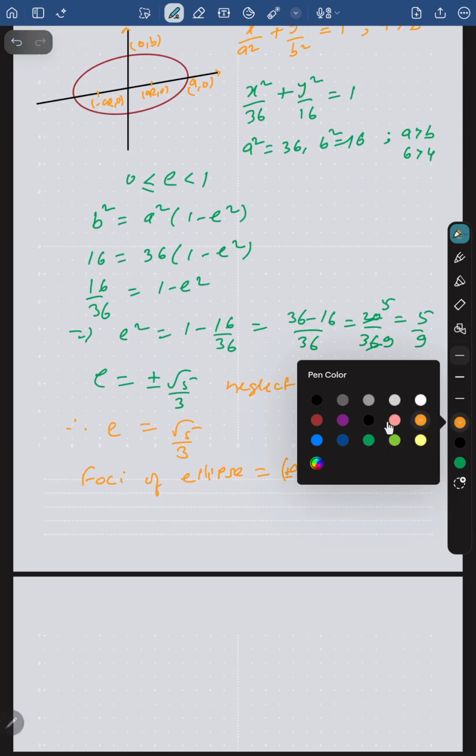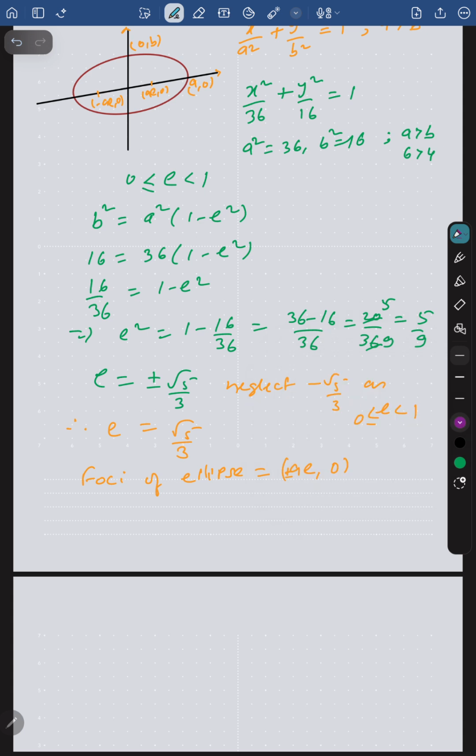The hyperbola equation is not given, but we can assume the equation of the hyperbola. Before that I just want to show you the diagram of the hyperbola. It is like this, and there will be foci over here.